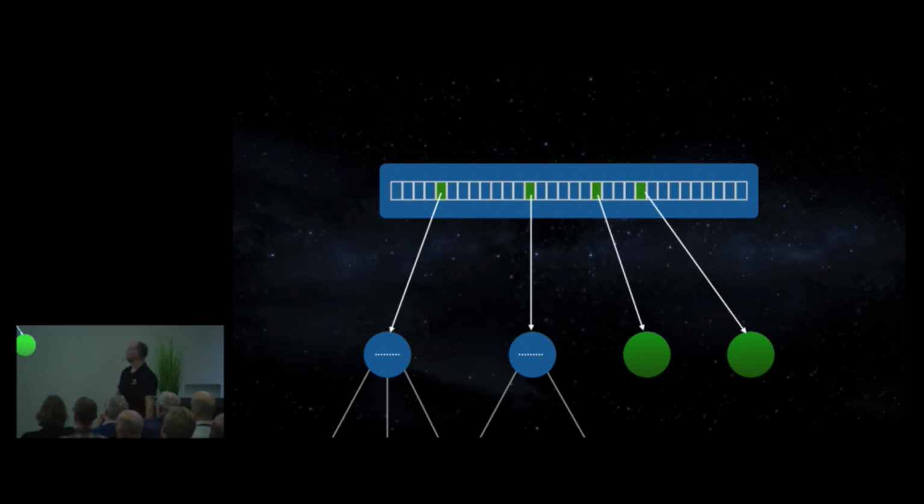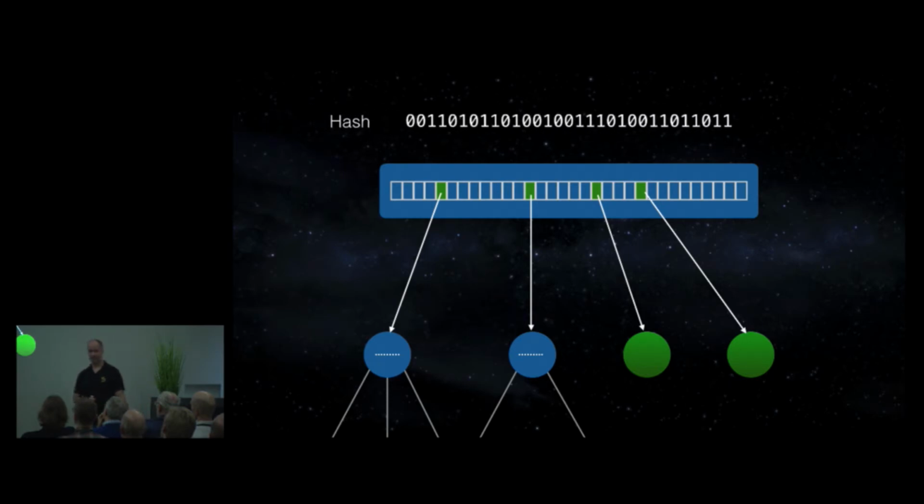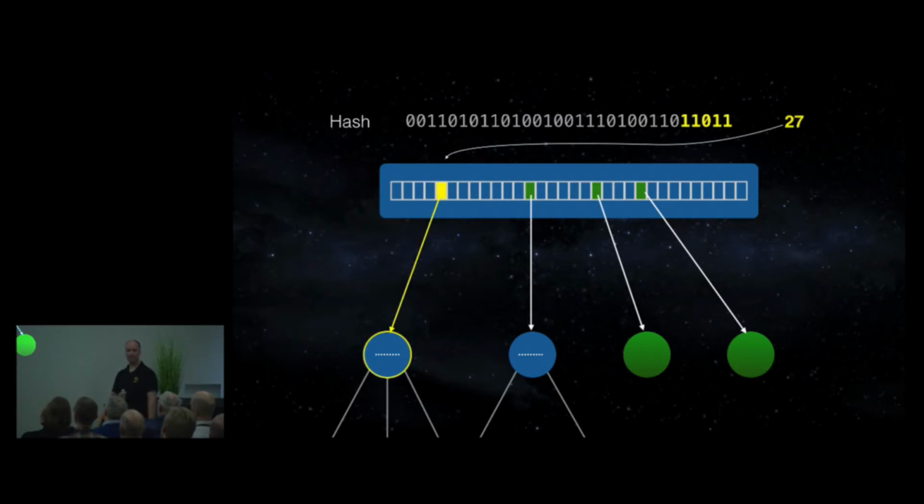So what we do then is we take the hash of the key, or the value, exactly as we would do with a hash table. But this time we just peel off the first 5 bits. And that becomes the index into the array. This is why it's a trie, T-R-I-E. So in this case, that 27th bit is a pointer to another branch node. So we follow that down.